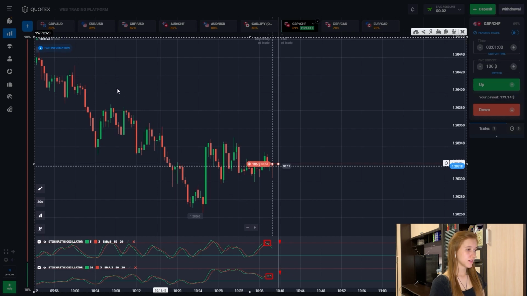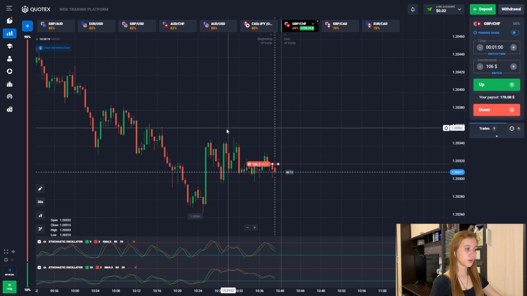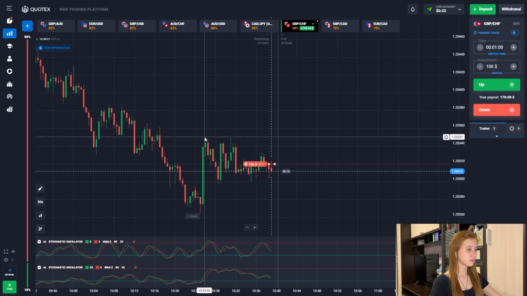We see that the downtrend prevails. There was a not-so-small rollback here. And we see the systematic nature of the direction. Everything is very simple, guys. I think at this moment it should go down.